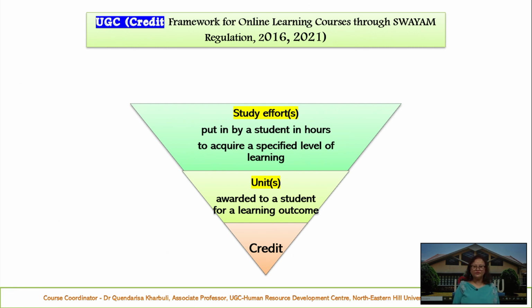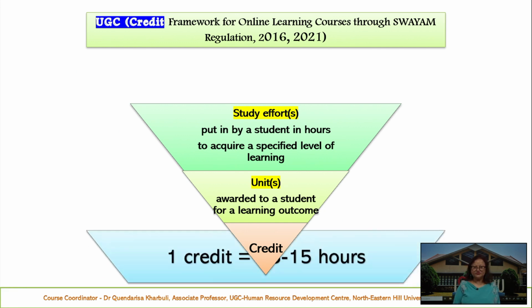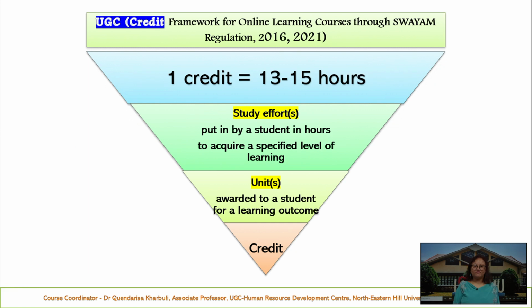So how will you calculate the study hours and convert it into credit units? As per the definition of the UGC credit framework for online learning course through SWAYAM regulation 2016 and 2021, one credit is equivalent to 13 to 15 hours of study efforts put in by a student to acquire this level of learning.